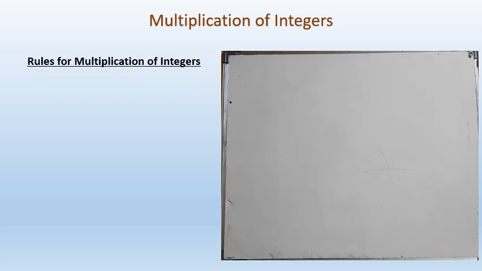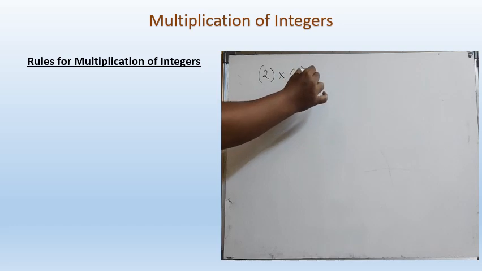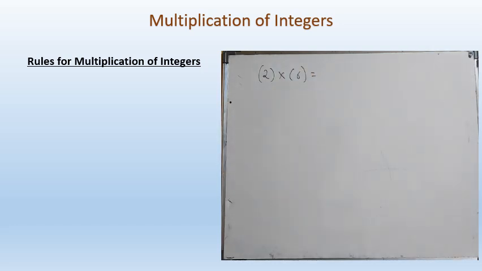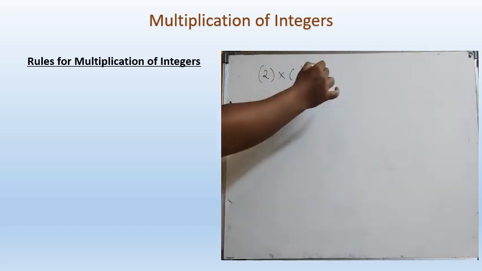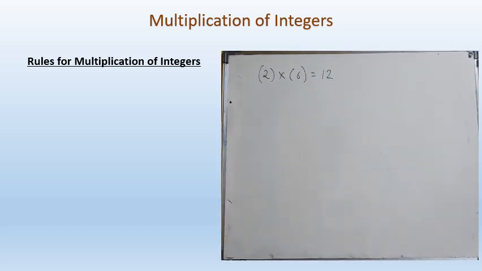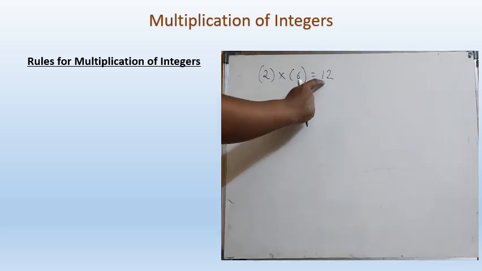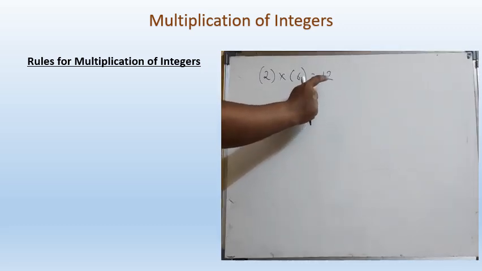Now consider multiplication of two positive integers, like positive 2 multiplied by positive 6. The answer will be 12. Now if you notice, a positive number multiplied by a positive number, we have got the answer as positive.